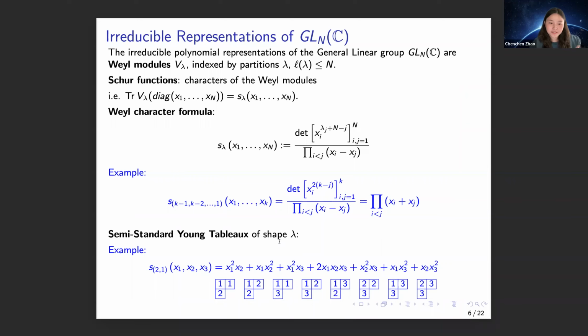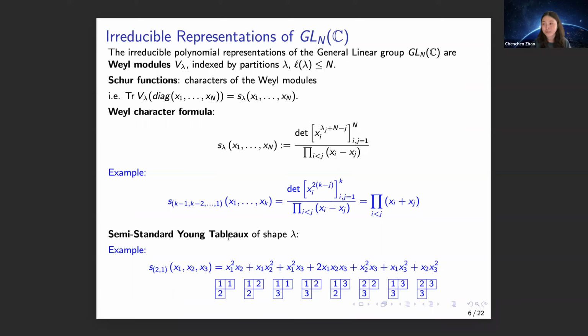Thank you. And so we can expand the Schur functions in terms of the semi-standard Young tableaux. Each of these semi-standard Young tableaux corresponds to a monomial. For instance, here the shape lambda is equal to 2, 1.